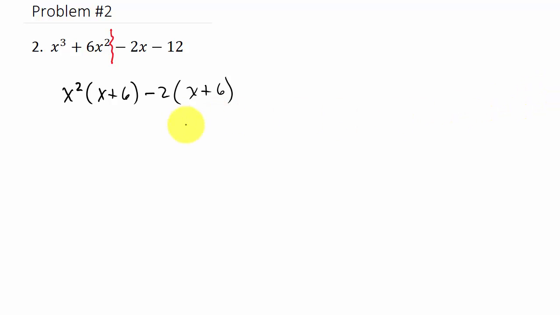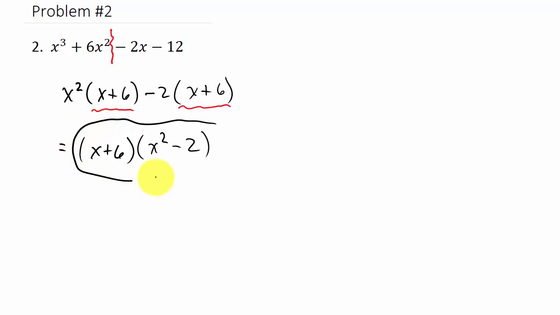Now we have our common binomial factor, the x plus 6. When we factor out an x plus 6, we're left with x squared from this part, and minus 2 from this part. And this would be our answer.